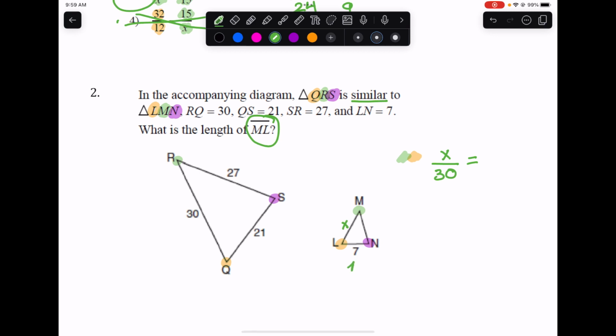Now in this triangle, the only side that I have measured is 7, so I would have to use 7. And here we're looking for orange purple, so it's going to be over 21. So we cross multiply and solve to get that X has to be 10.